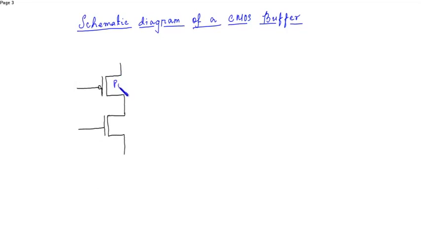So this is P1, this is N1. This is the source of the PMOS, this is the gate of the PMOS, and this is the drain of the PMOS. This is the source of the NMOS, this is the gate of the NMOS, and this is the drain.